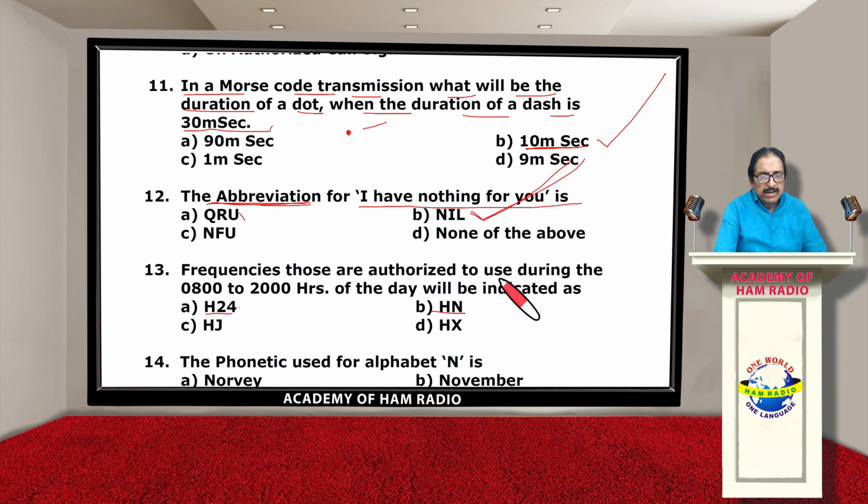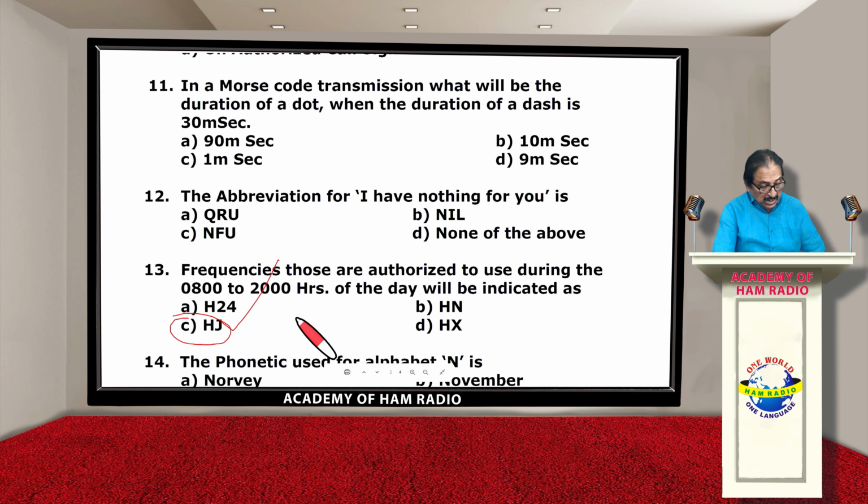HX means intermittently, random timings. HJ is day timings, that is 8 to 20 hours: morning 8 to 8 p.m. So that is HJ. The answer is Charlie, HJ.